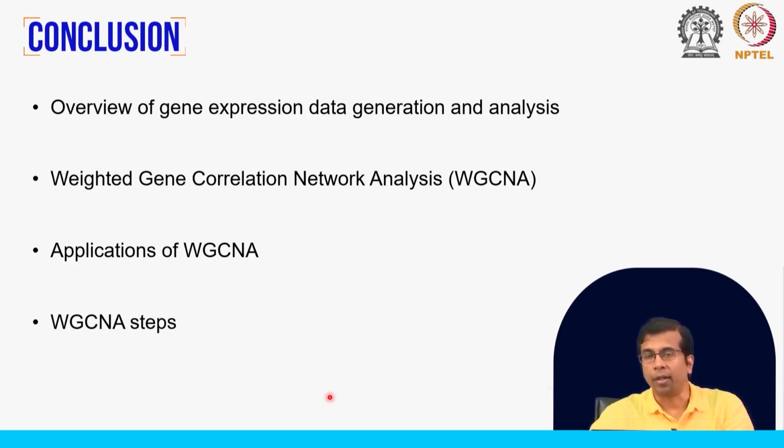I have very briefly mentioned some of the applications of WGCNA. Of course, there are many such papers now showing applications of the WGCNA method for different purposes. So this method is very popular.